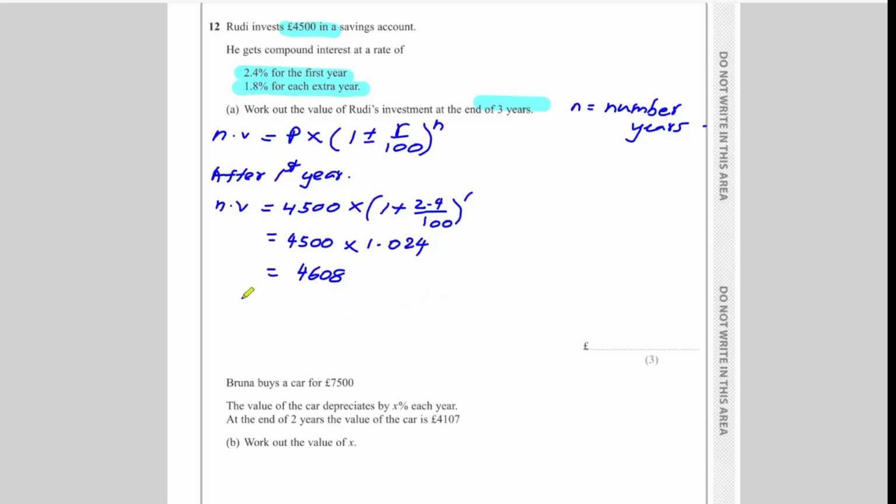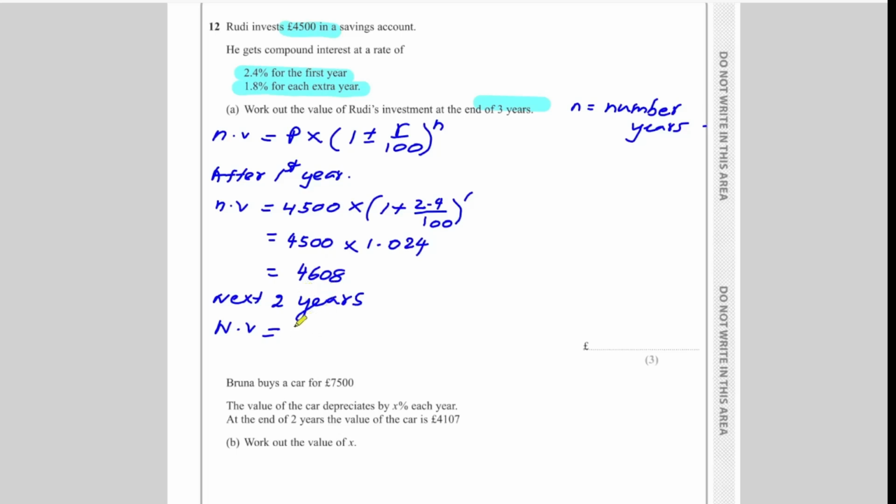Now, next 2 years, same formula. So, new value. For the new value, the principal amount would be 4,608, because now he is starting off with this amount for the next 2 years.